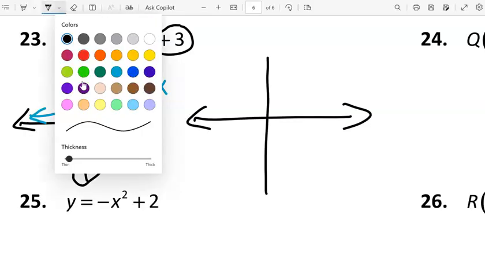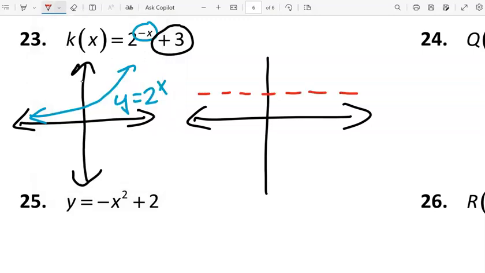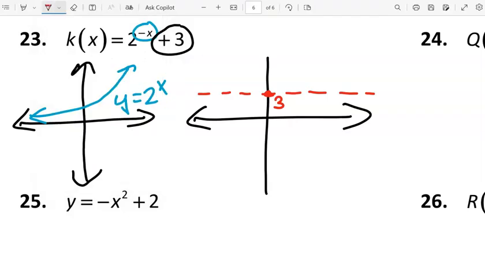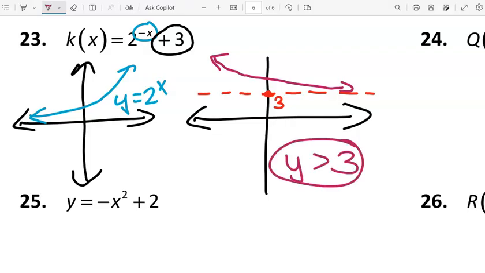So if we translate the graph up 3 and reflect it horizontally, the transformed graph will look something like this. So notice that all the y values fall above the line where y is equal to 3, so y is greater than 3 is the range of this function.